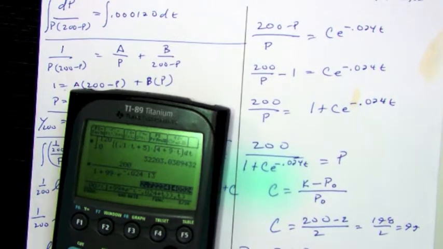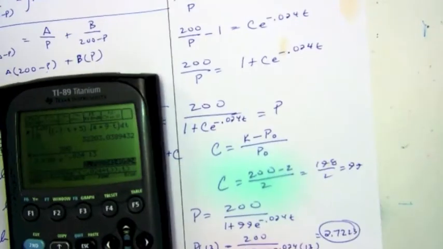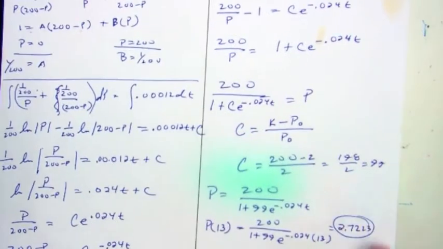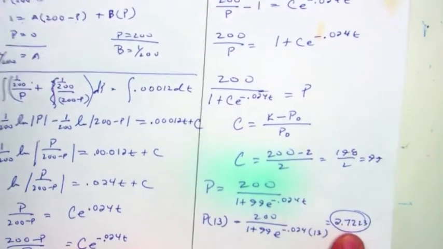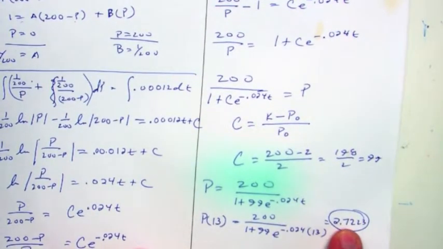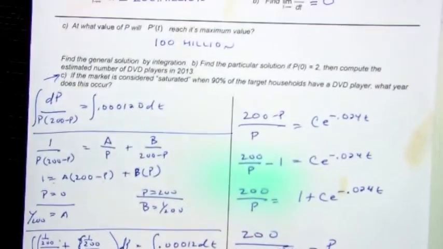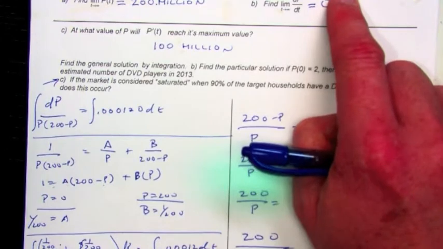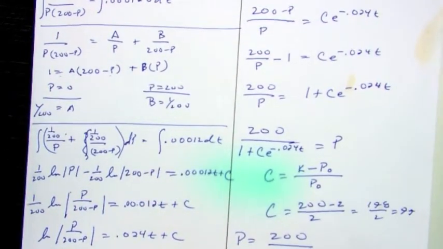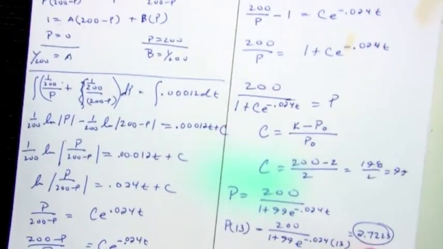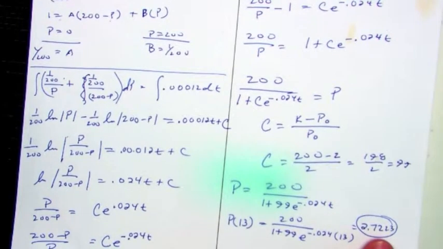Okay, so I went through and rechecked it, and I believe I haven't made a mistake here. So after 13 years, there are only 2.72 million. So I think the way I wrote the problem, there may be an issue with the growth rate. Maybe I put an extra 0 on there that I shouldn't have. But anyway, it's growing pretty slowly, which is not very realistic. So anyway, that's what P of 13 is.